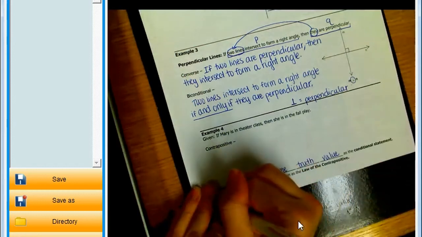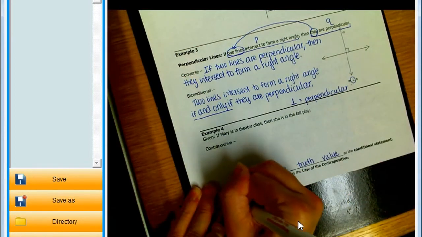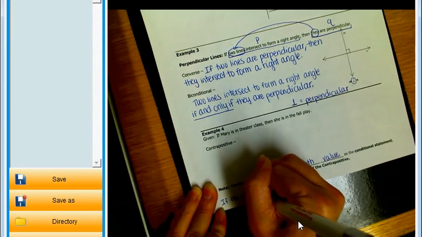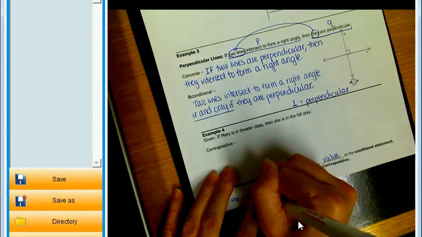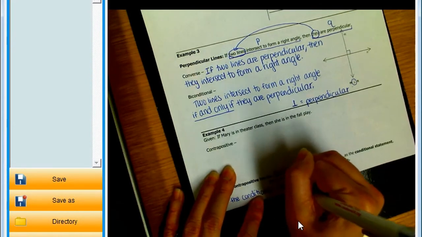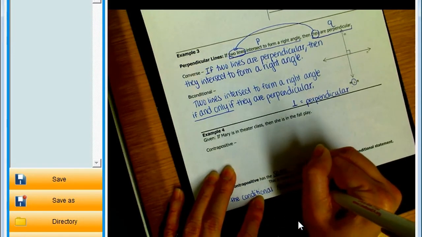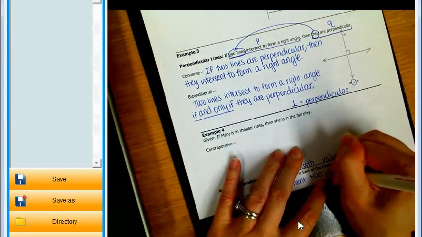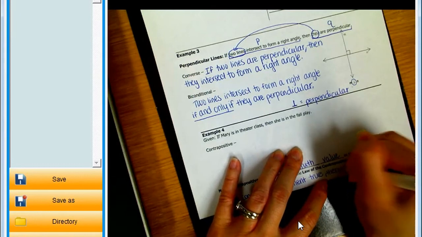This means if the conditional statement is true, then the contrapositive is also true.